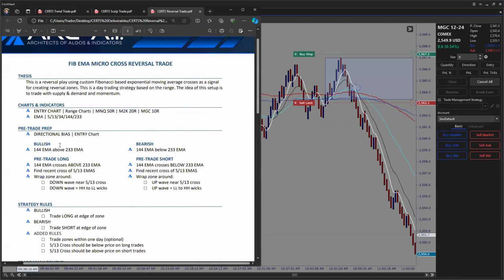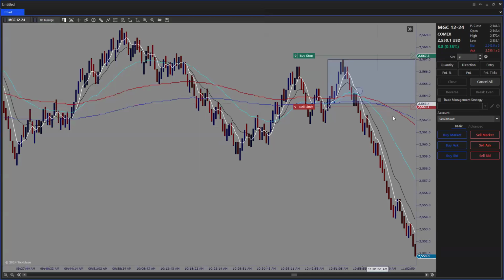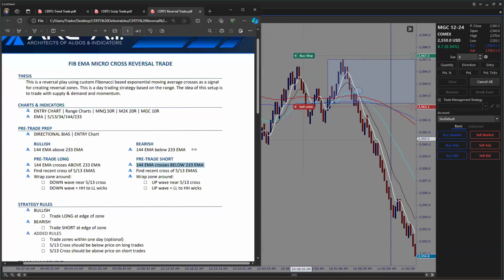So what you want to do is find where the 144 crosses. We're going to use this one, so we're doing a short. So below the 233, that happens right here. So we're going to draw a line in the sand, so we know that is where it's crossed over.